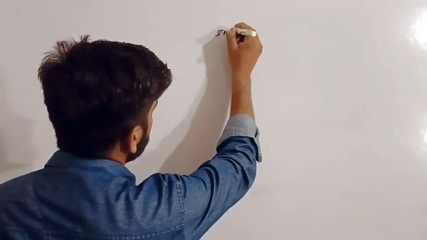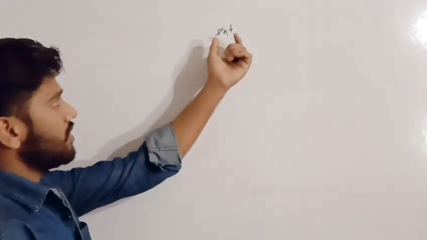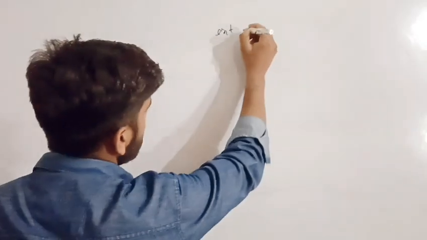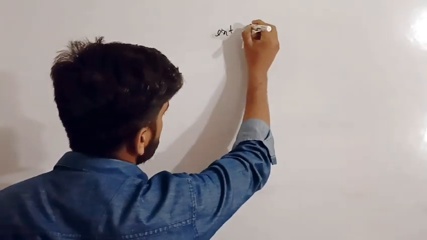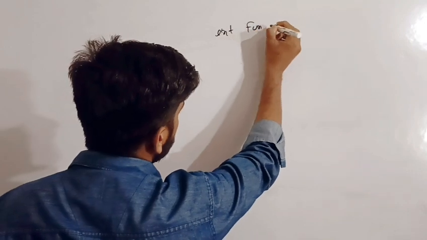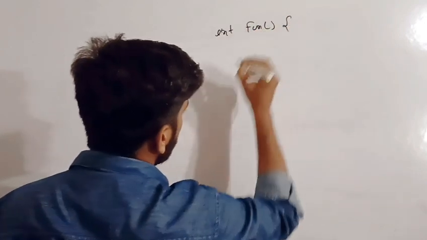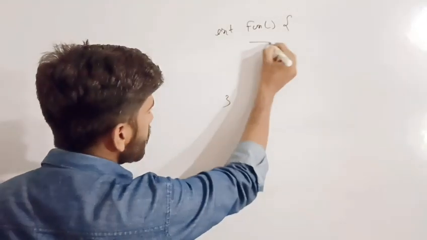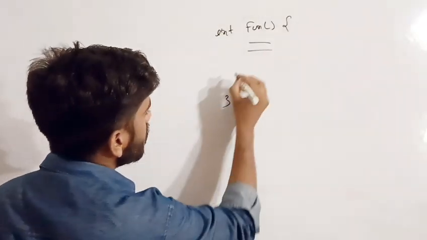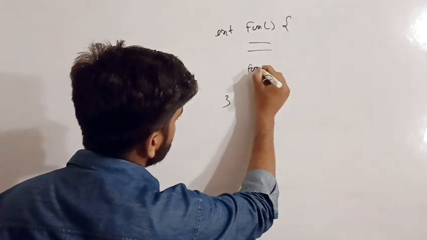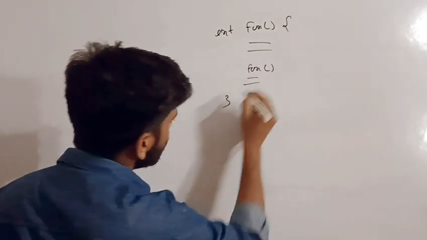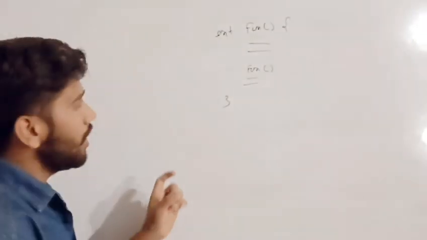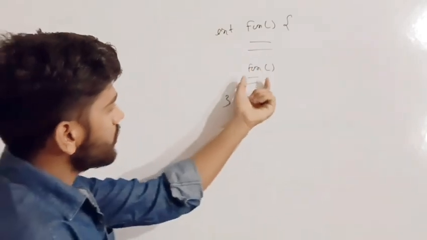We need a return type, then a recursive function, and there should be a statement.